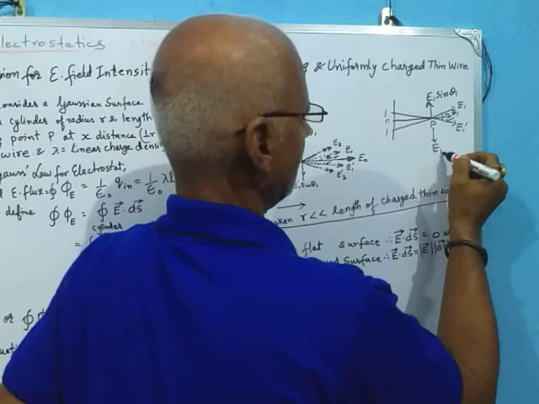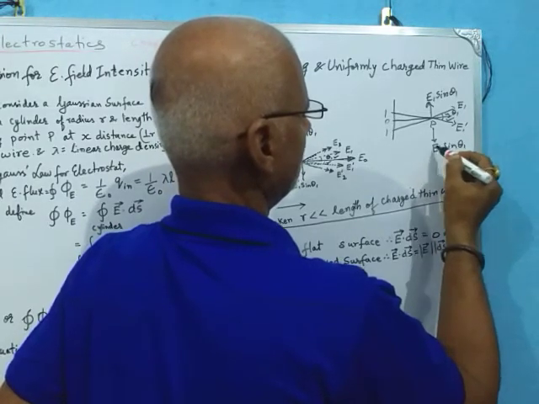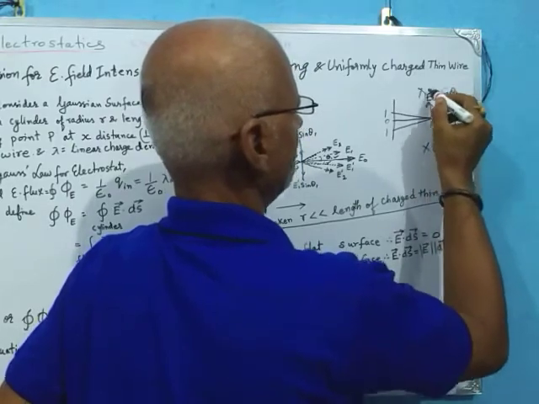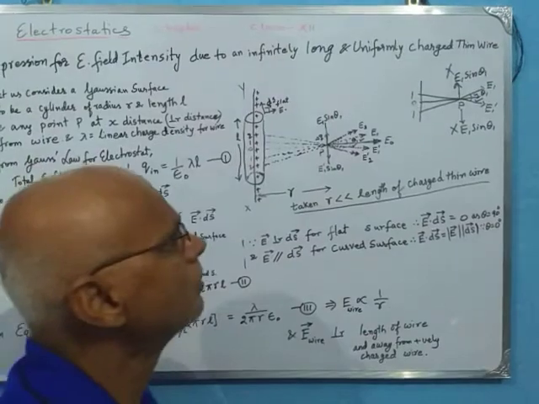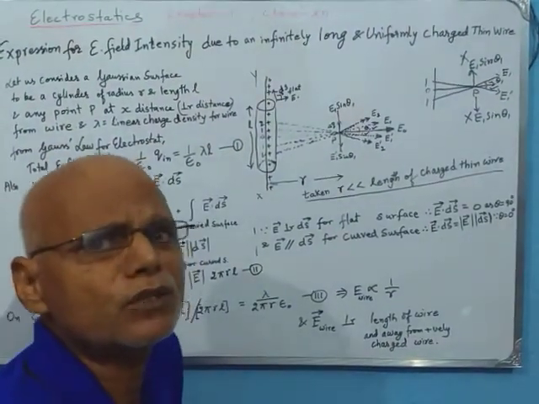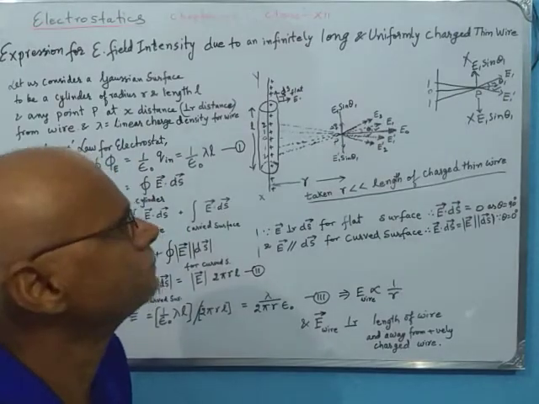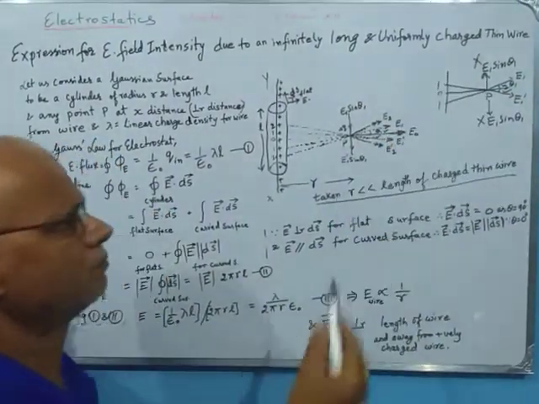But since they have the same magnitude and same angle of inclination, they cancel each other. So the vertical components are cancelled and only the horizontal component, that is E1 cos theta 1, survives. Horizontal components survive and their vertical components cancel.